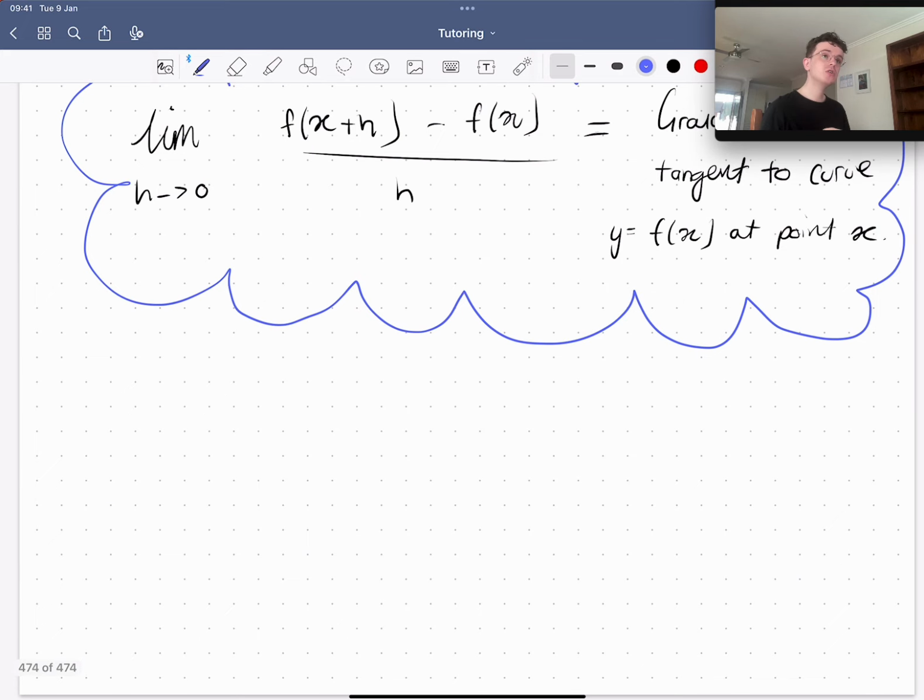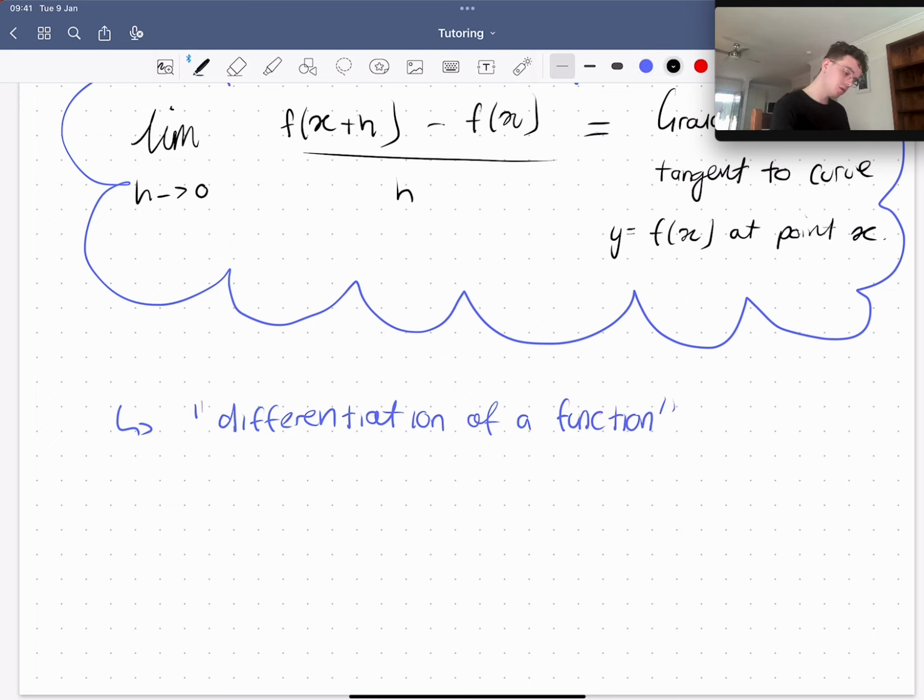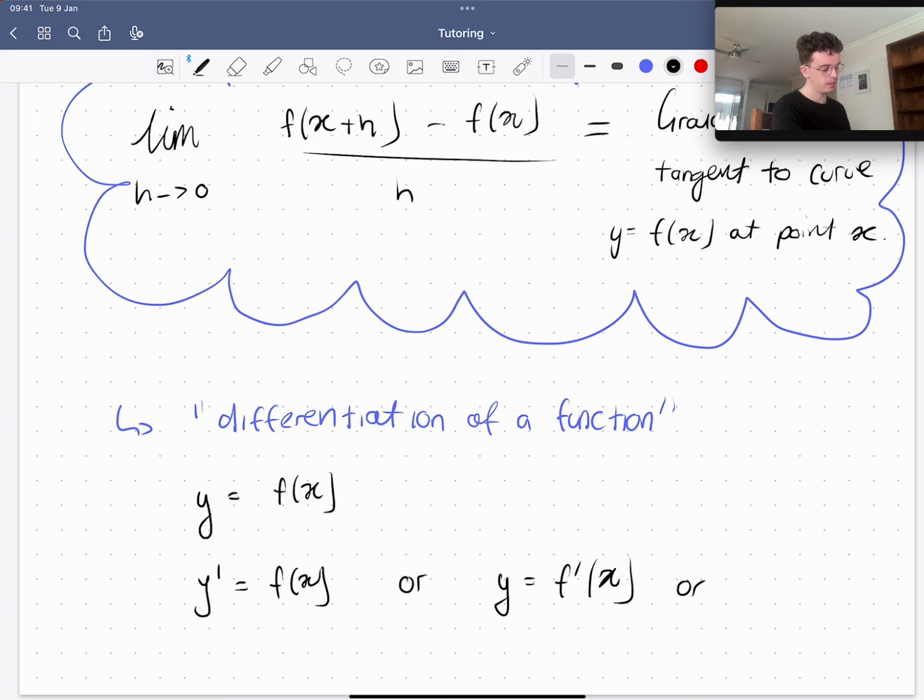So what we can do using the fundamental theorem of calculus is calculate the differentiation of a function. So if I have a function y equals f of x, then the differentiation of f of x using the fundamental theorem of calculus, we express as y dash equals f of x, or y equals f dash of x, or dy on dx.